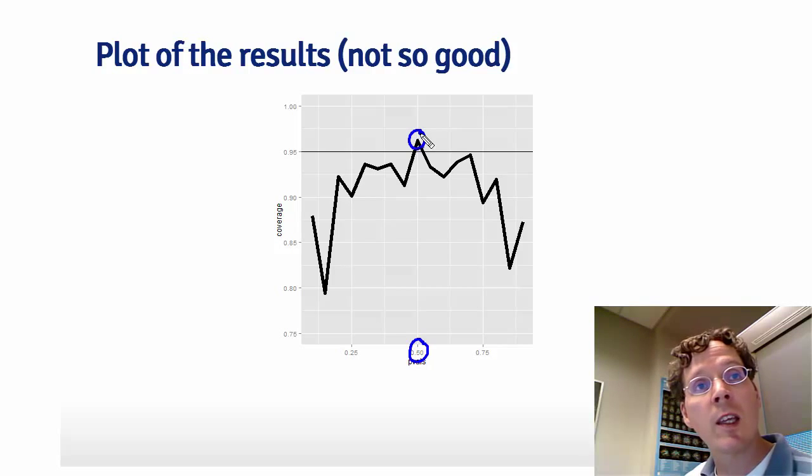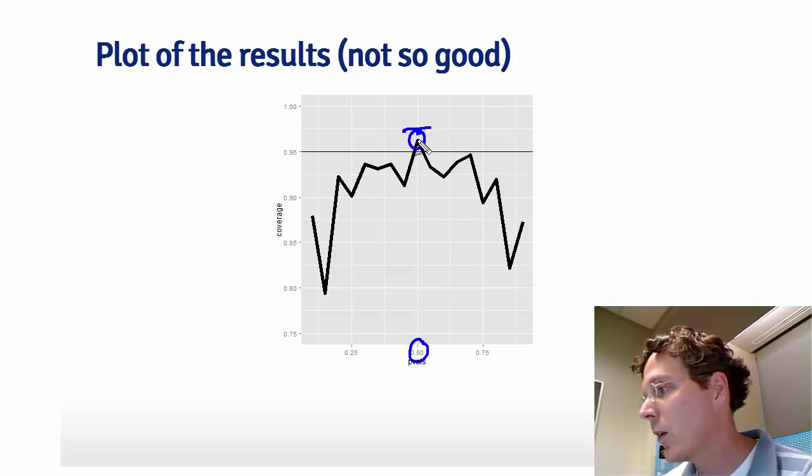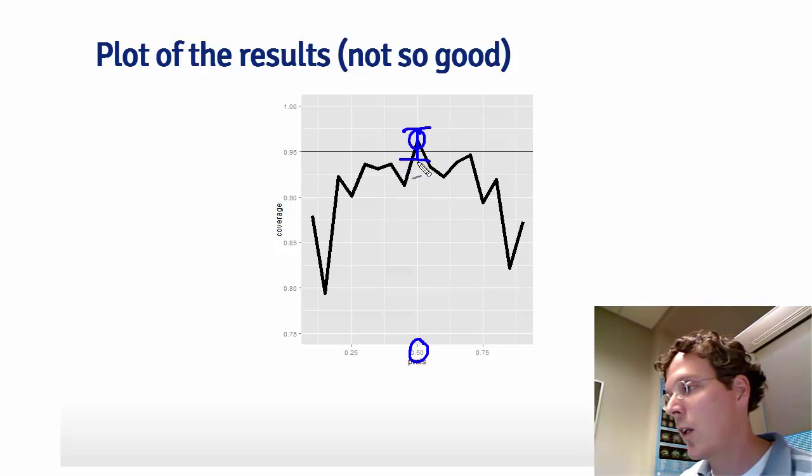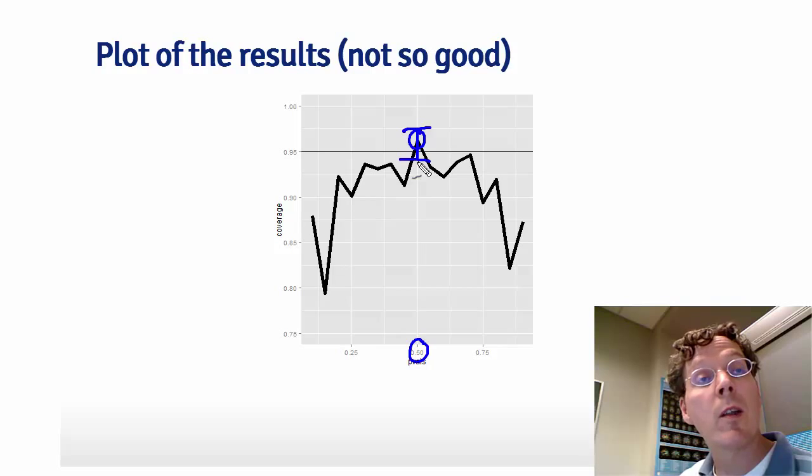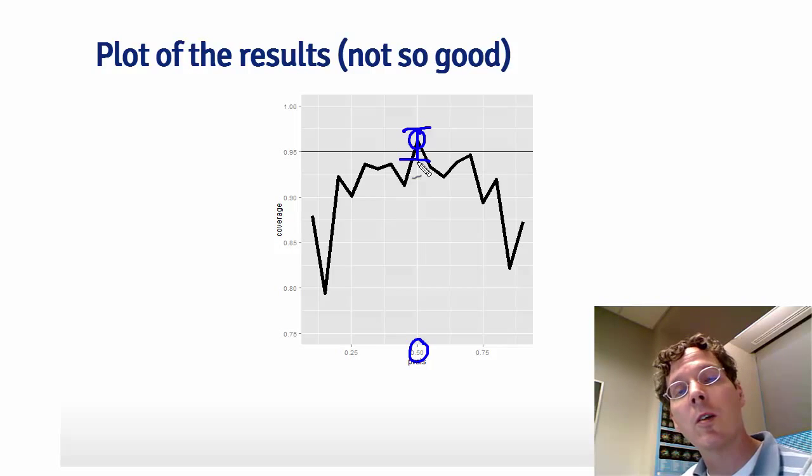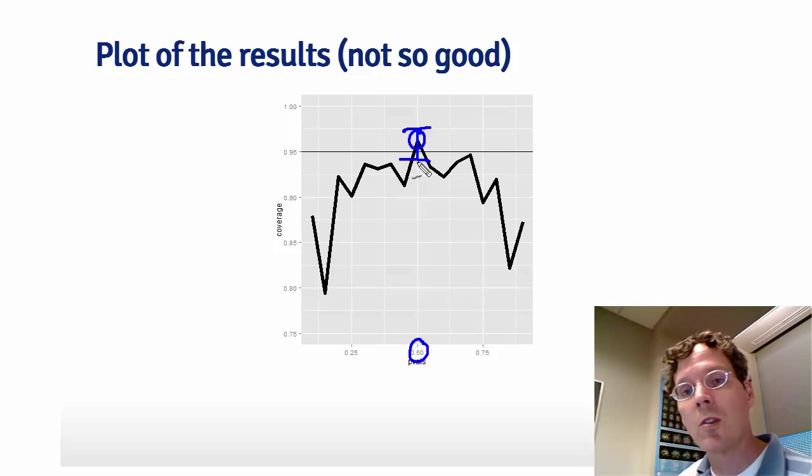So it's basically saying if the true value of p was 0.5 and I do a confidence interval, the coverage is actually better than 95% a little bit. There is some Monte Carlo error, right, in that I didn't do an infinite number of simulations. I only did 1,000. But 1,000 is pretty good, right? As we saw a couple slides ago, it's giving us a little bit better than 1 decimal place accuracy.